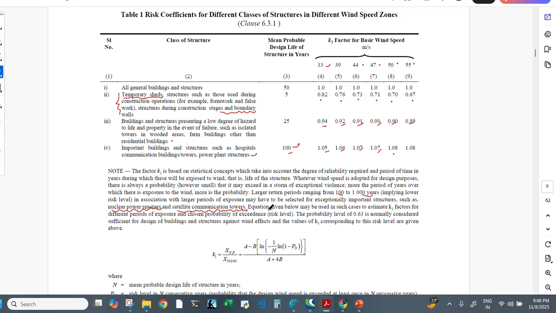In such cases, the K1 factor is given for different periods of exposure and chosen probability of exceedance. The probability level of 0.63 is normally considered sufficient for design against wind effect, and K1 corresponding to the risk level is taken as above.